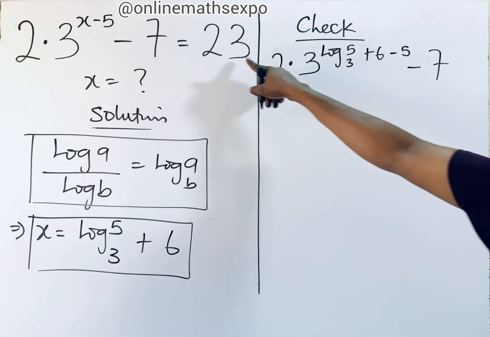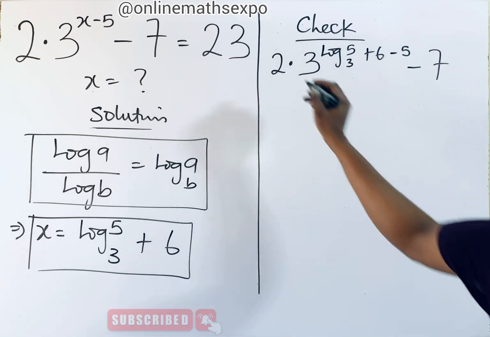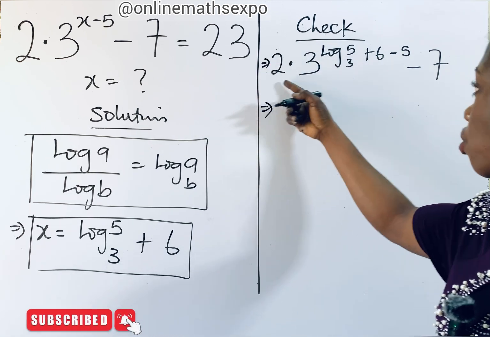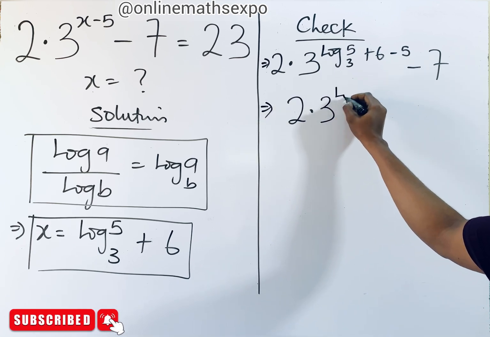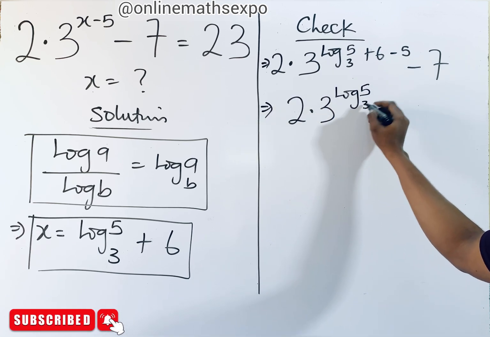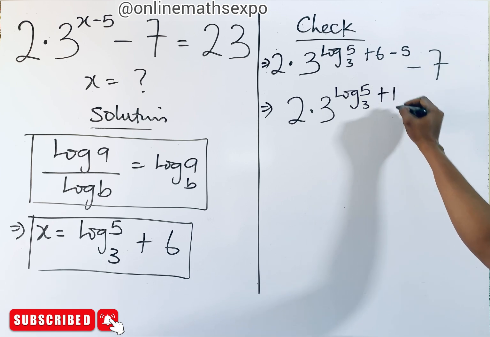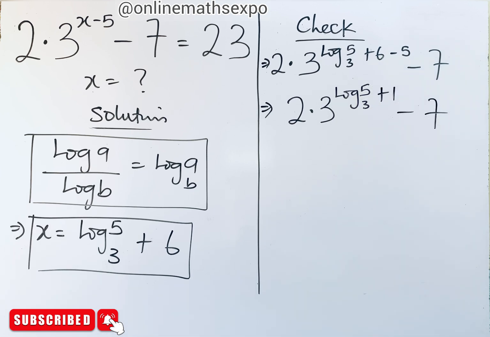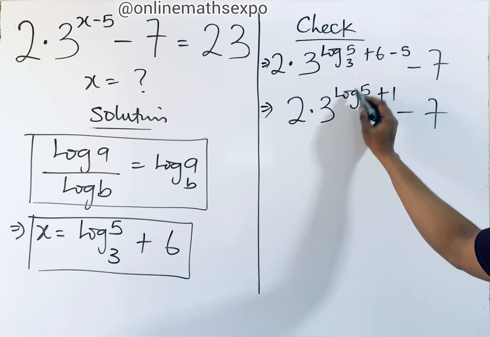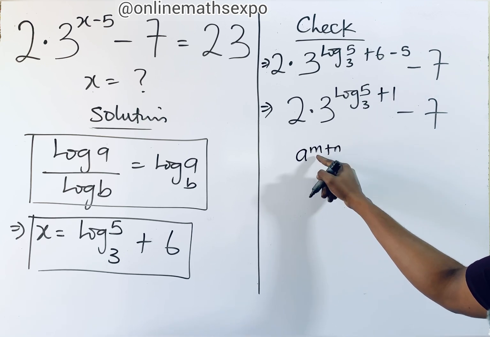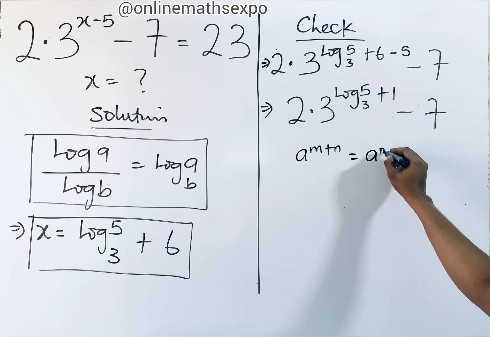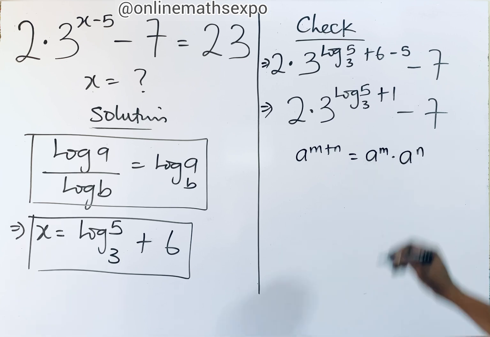Okay, will this be 23? Let's see to that. So what do we do? We simplify. So this is 2 multiplied by 3 to the power of log of 5 base 3. Subtract this, it gives you 1, minus 7. Now what do you do next? We are going to recall what we did earlier. For every a to the power of m plus n, this gives you a to the power of m multiplied by a to the power of n.